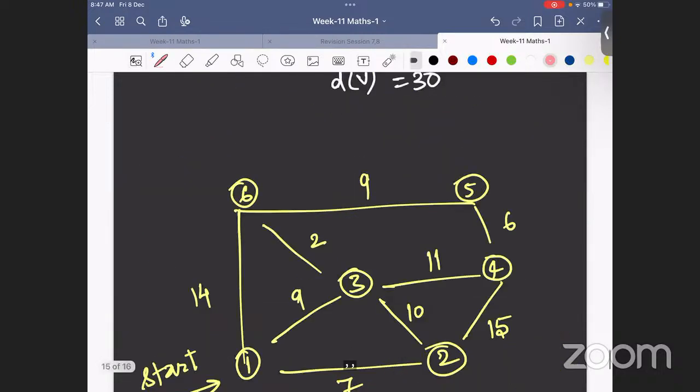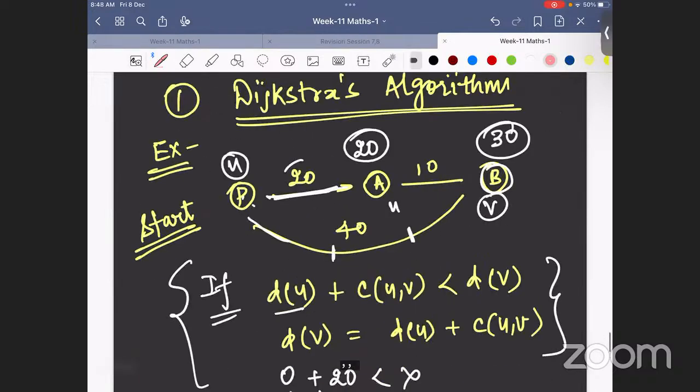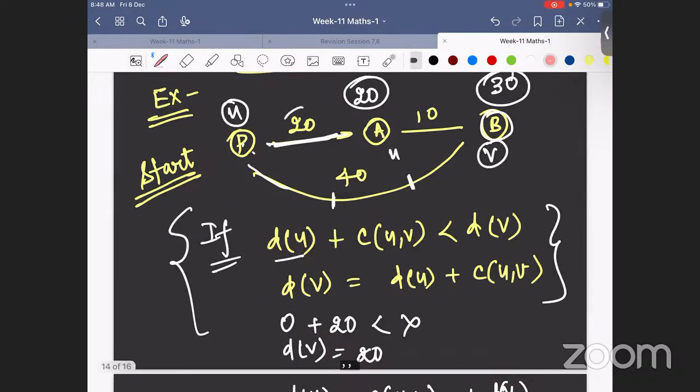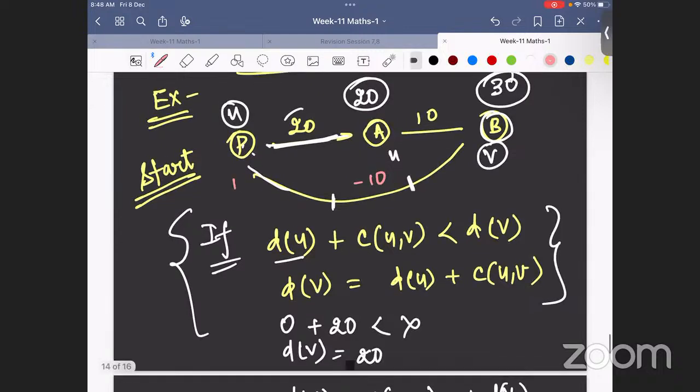This algorithm will not work here because, let's for example, you are writing this as minus 10, then you will think of this as du plus cb. Whenever you are updating the value, it will always be less than.